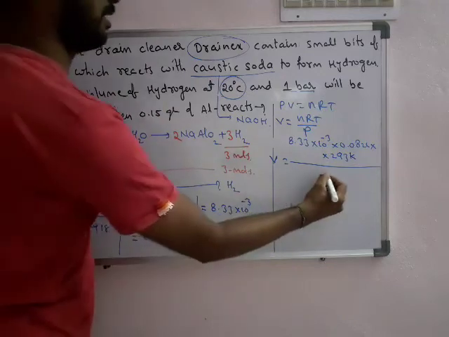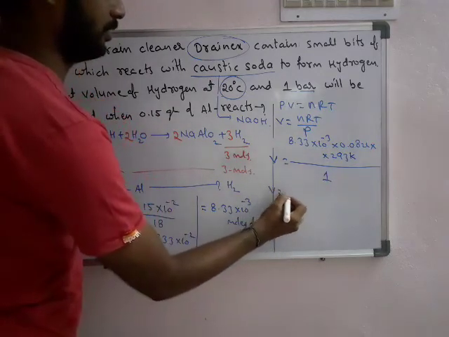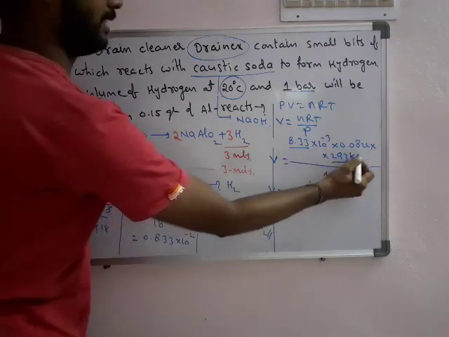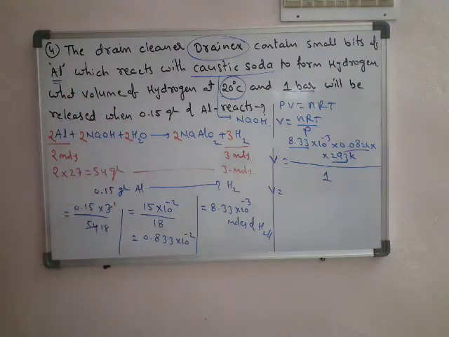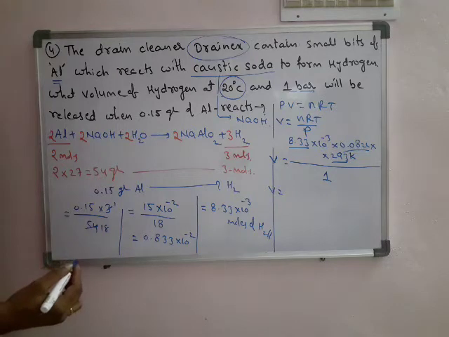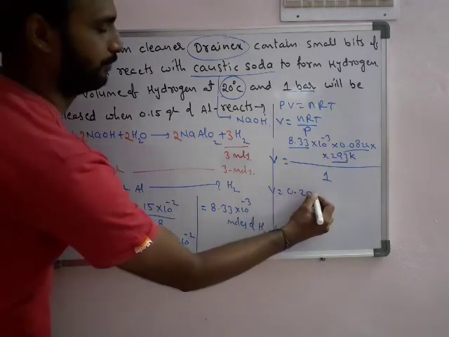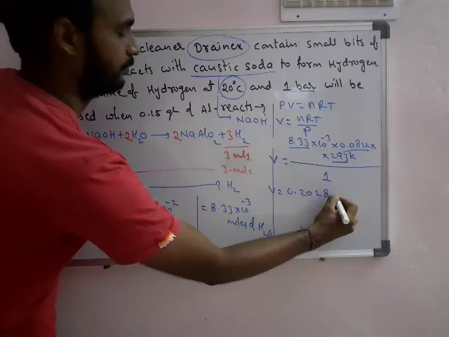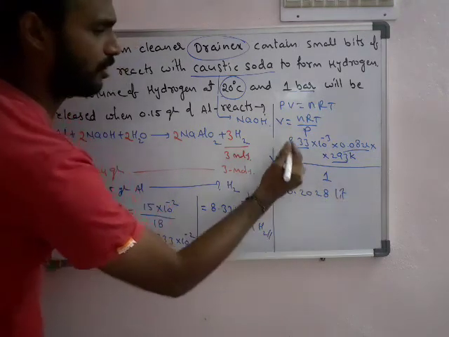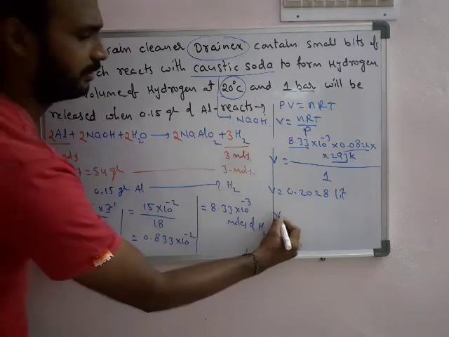What is the pressure given? That is only 1 bar. On this overall calculation we will get approximately 0.2028 liter. This formula is applicable only in liters.